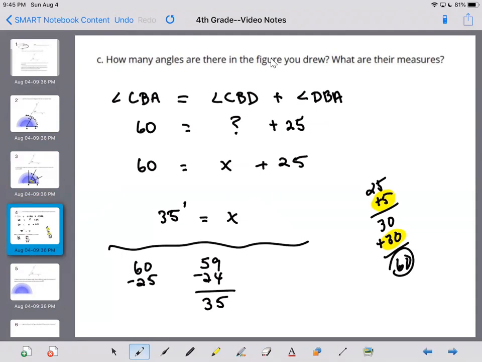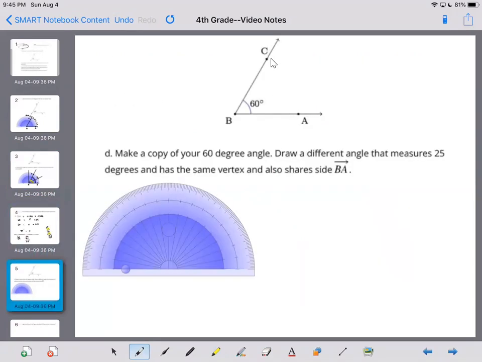And then jump into D, it says make a copy, draw a different angle that measures 25. Well, what that would involve is my initial side, my 60-degree angle, and then creating one that is 25 degrees, which I would have to adjust my protractor for.